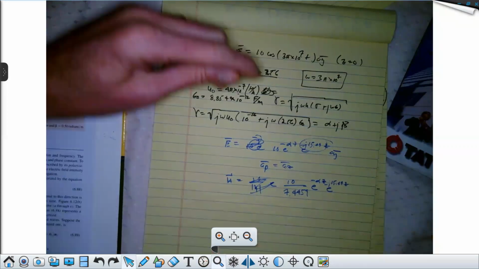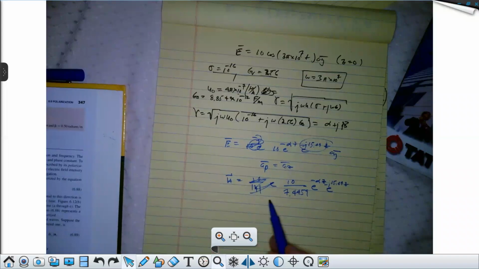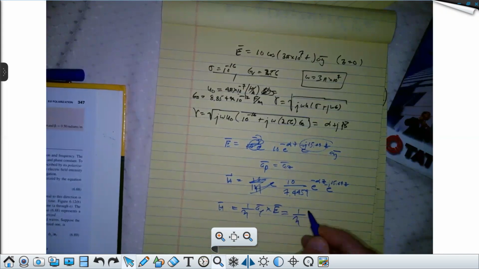Now, I want you to watch this. Technically, H is equal to 1 over eta, unit vector in direction of propagation, crossed into the E field. The 1 over eta is a scalar. The unit vector in the direction of propagation is a_z.